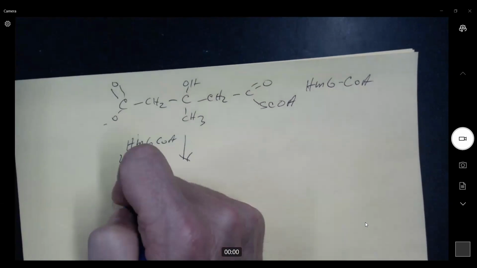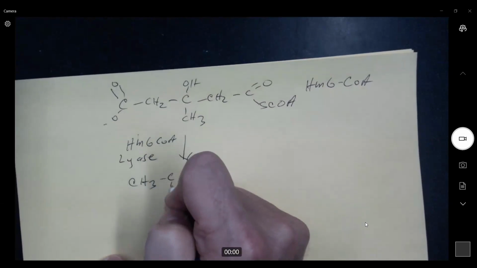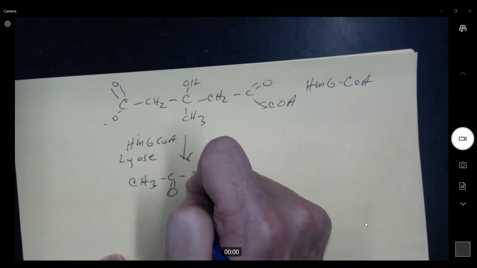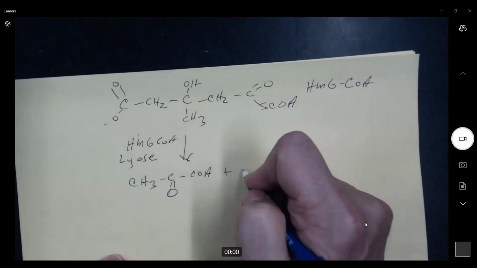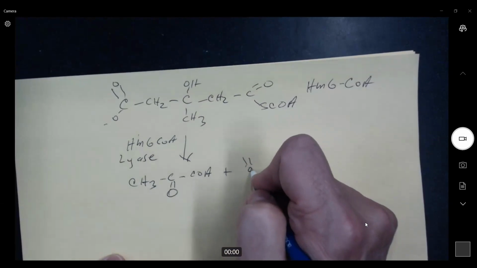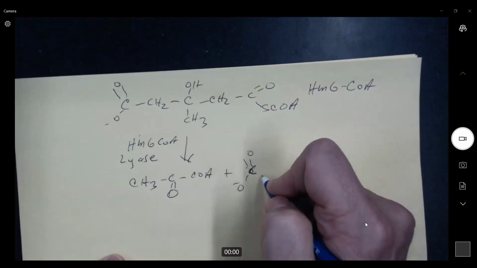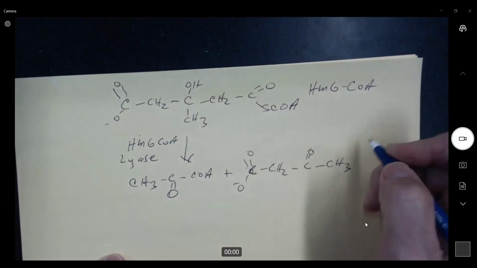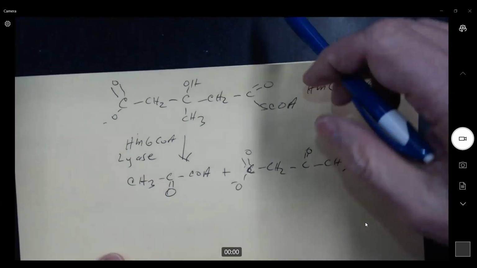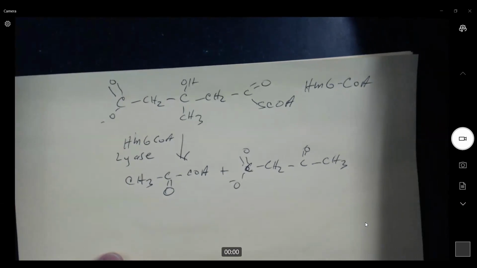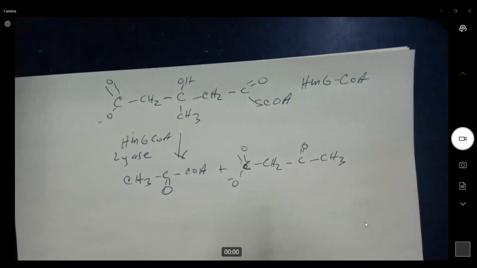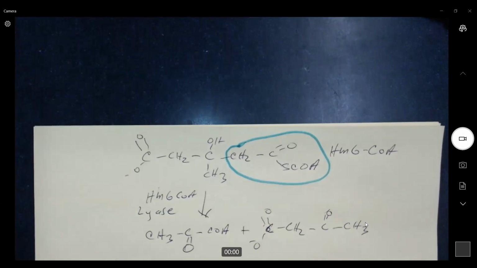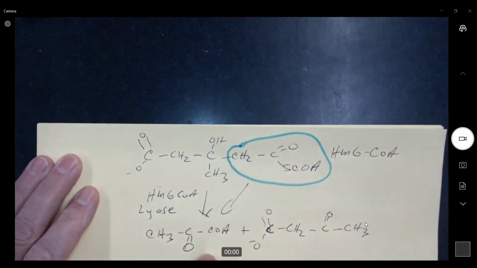And we're going to get from this coenzyme A plus, so essentially this piece here gives rise to that molecule.